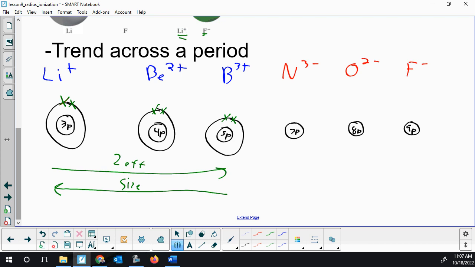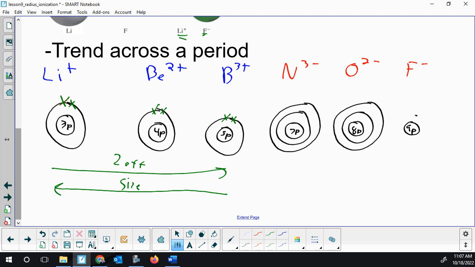Okay. So we have the same type of trend. Effective nuclear charge is going up. We have 2 energy levels, not just 1, like we did in the first part of the period.